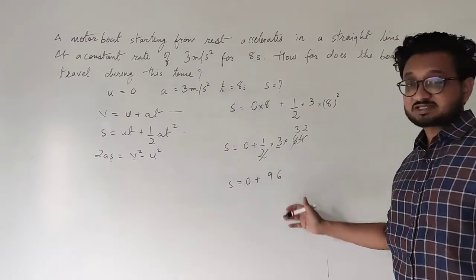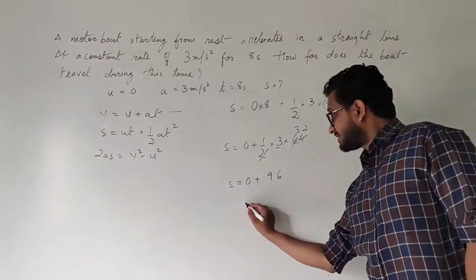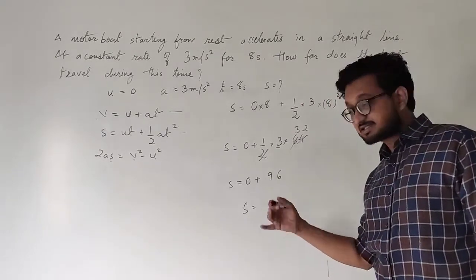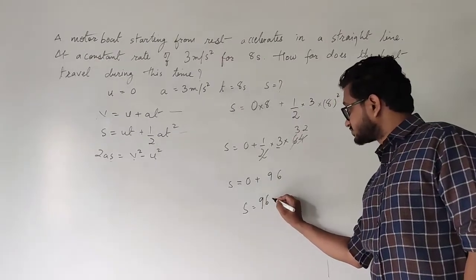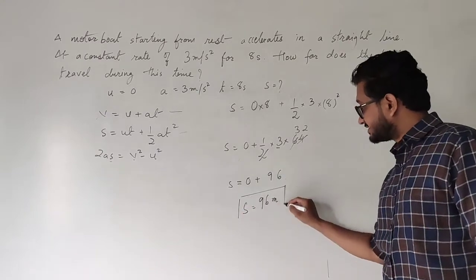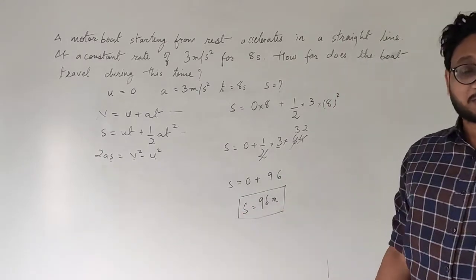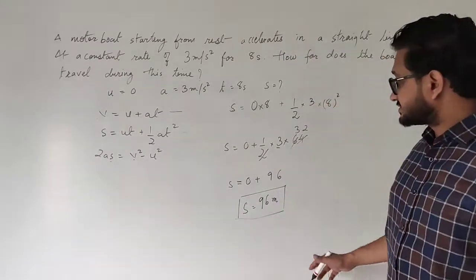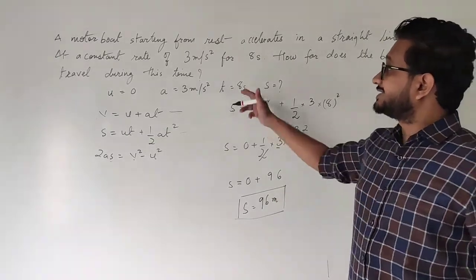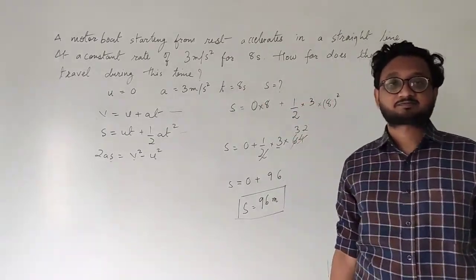So we have 0 plus 96. So the final is s is equal to 0 plus 96, which is 96. So you get the answer as 96 meters. That means the boat will travel a distance of 96 meters during these 8 seconds.